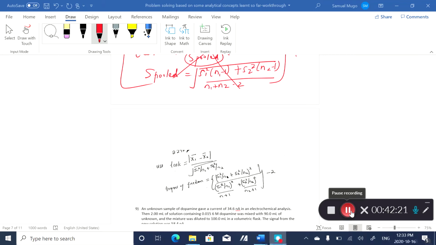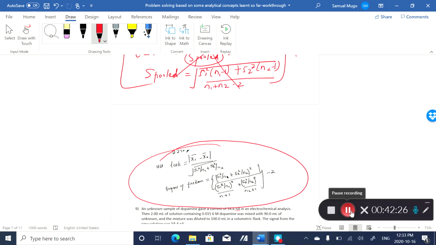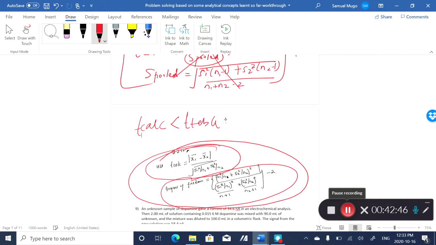Instead, because they are different, we have to use this relationship. So you have to do the t calculated as follows, and then the degrees of freedom as follows. And then you compare the t that you calculate with the t from the table. And if the t calculated is less than the t in the table, then you would say the methods are not different.